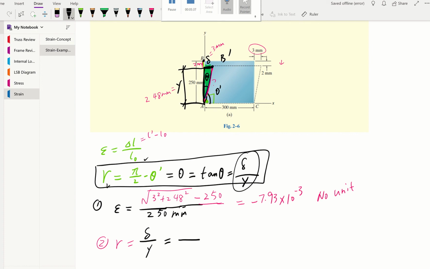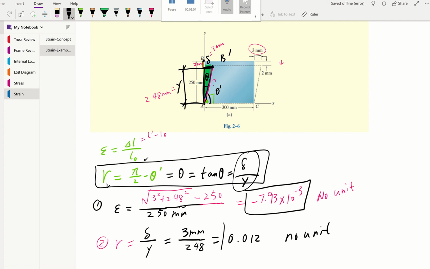Delta is shifted 3 millimeters, and our y is 248. Then that's your gamma. So 3 over 248 gives an answer of 0.012. Unit? No unit for strain. So that's your two calculations.